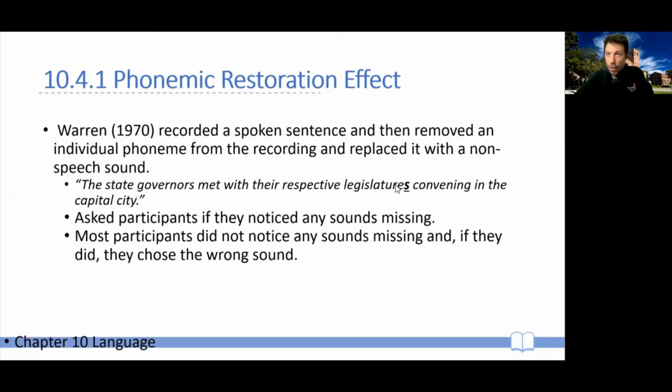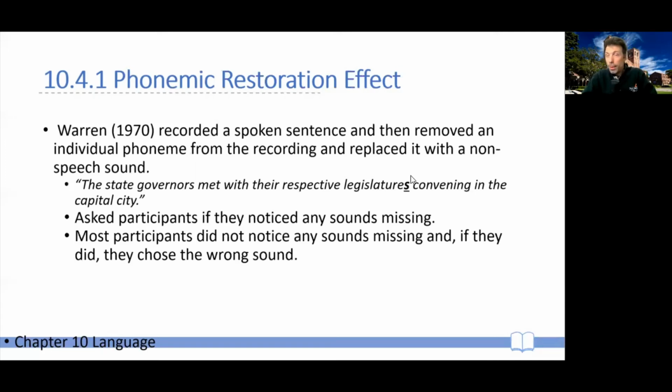Now the S of legislators was cut from the audio file and was replaced with a coughing sound. And then participants were asked after hearing this if they noticed any sound missing. And if they did, which sound was it that was missing? Turns out participants were very bad at this. Often they just didn't report noticing any sound missing.